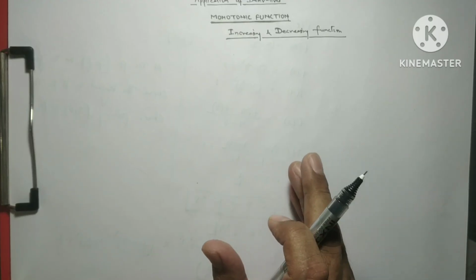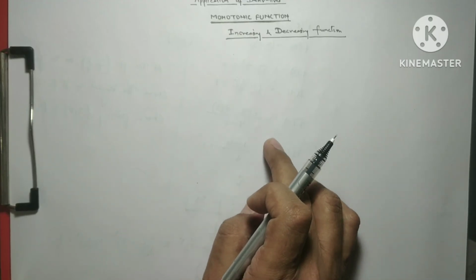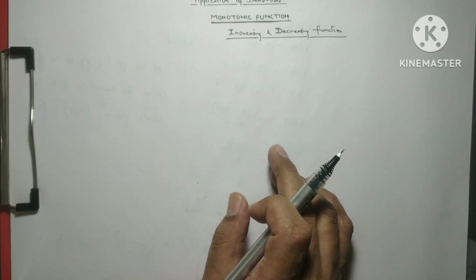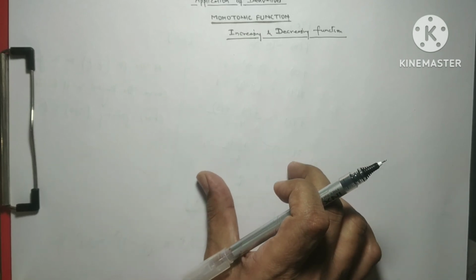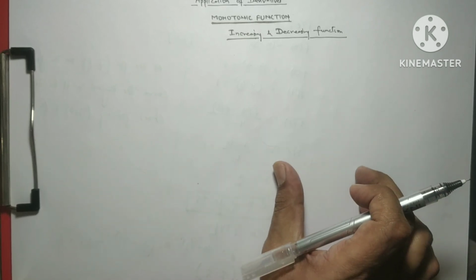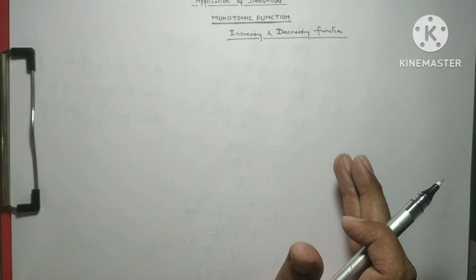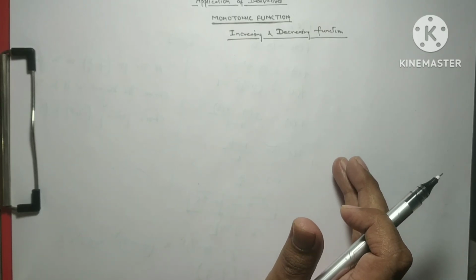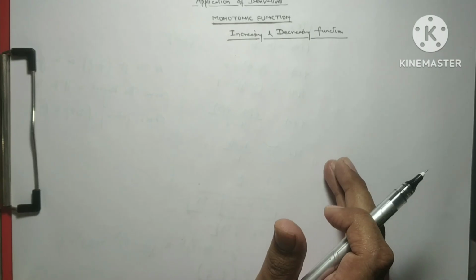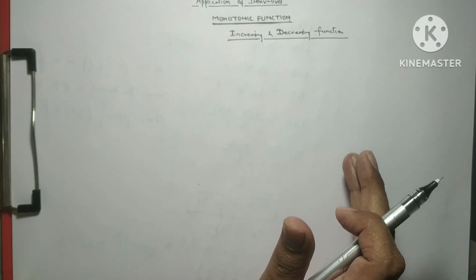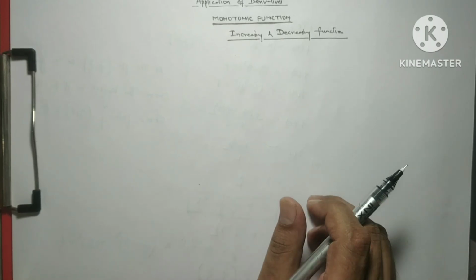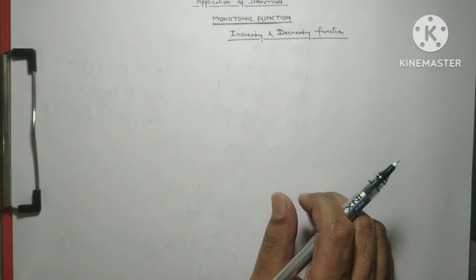So we will combine these intervals with union, and the union of these intervals will show the increasing function. And if we have more than one interval at which f dash x is less than 0, that will be the decreasing function, right?